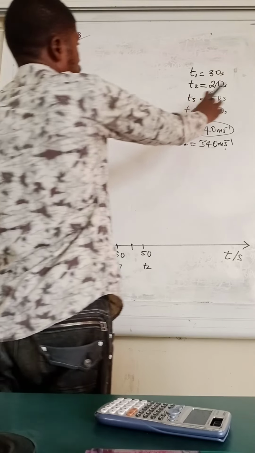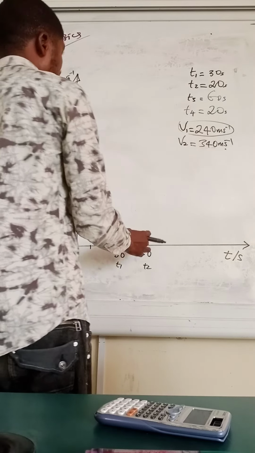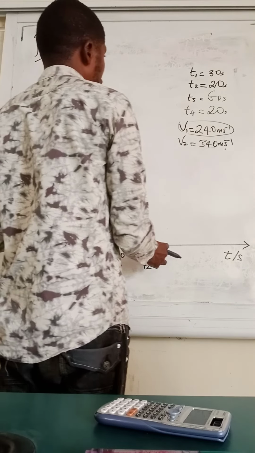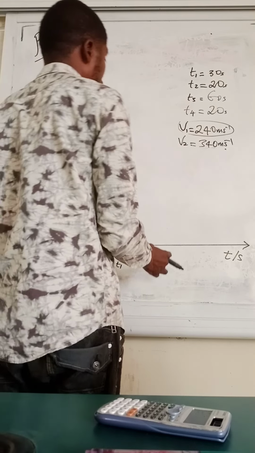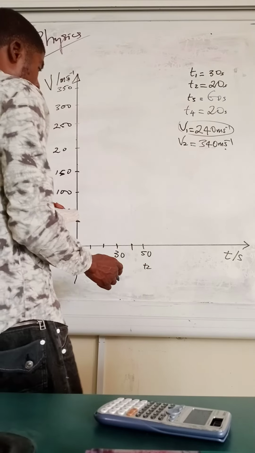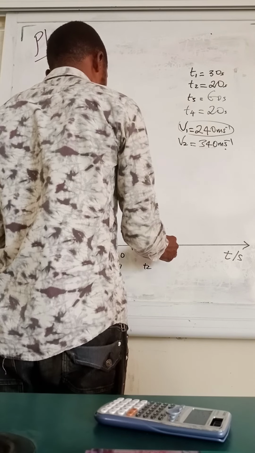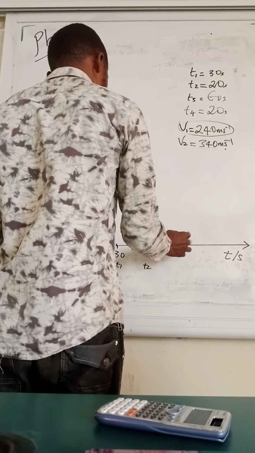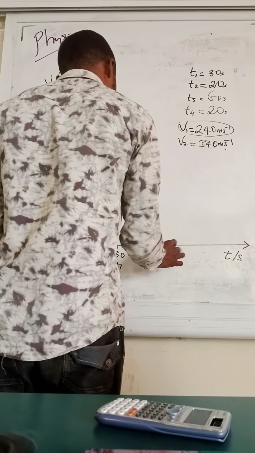So the next one was 60. 60 plus 50 will give us 110. So let's count. This is 10, 20, 30. Let's do it again.